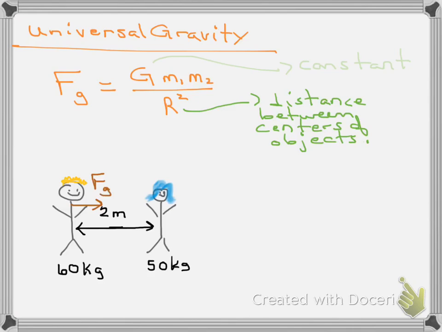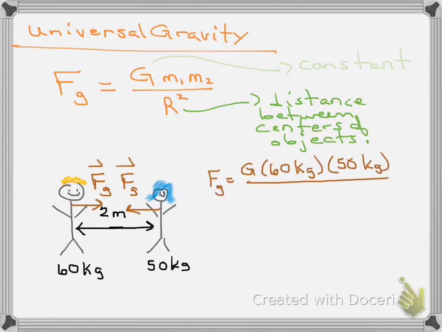Well, there would be a force of gravity acting between them, and we could calculate that, and it would be G times 60 kilograms times 50 kilograms divided by 2 meters squared.